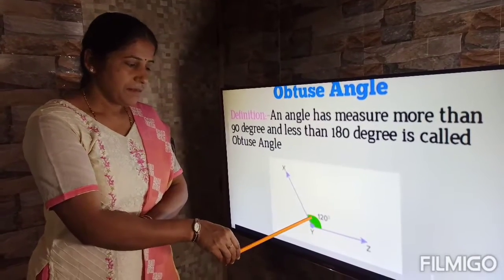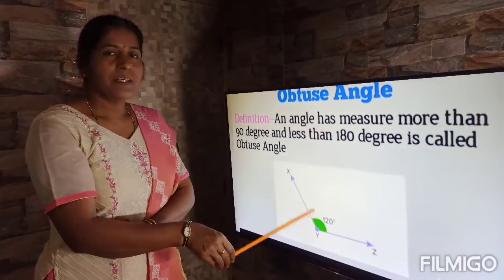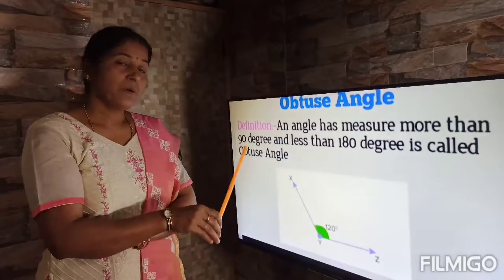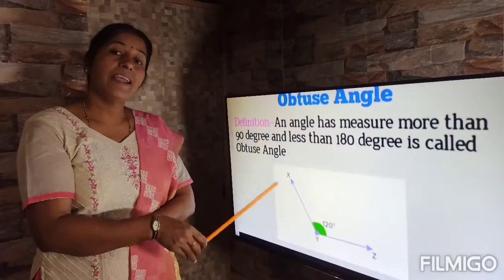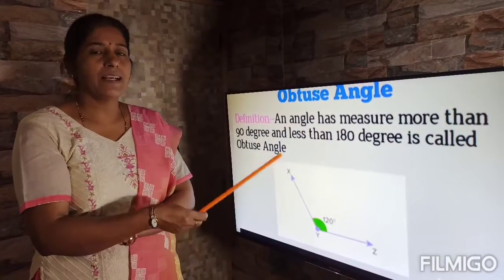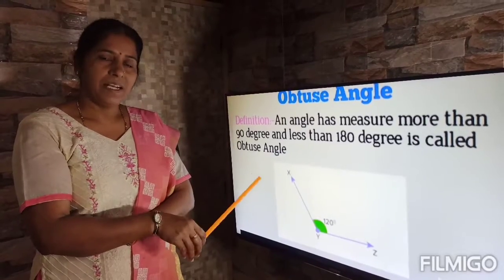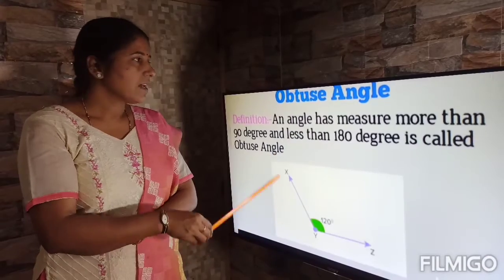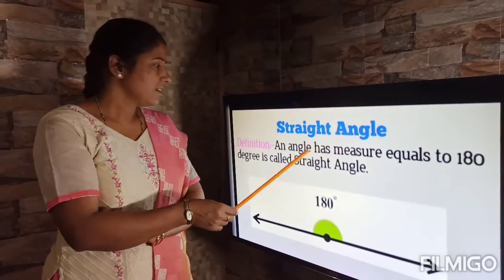This has a measurement of 120, 130, 150, 170 degrees. 179 is also an obtuse angle, or 91 degrees. More than 90 and less than 180, between 90 and 180, all these angles are called obtuse angles.